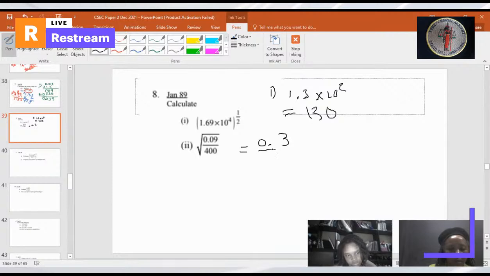Okay, so can we work this? It would be 0.015. Okay, so 0.3.